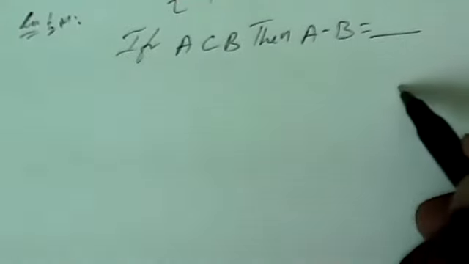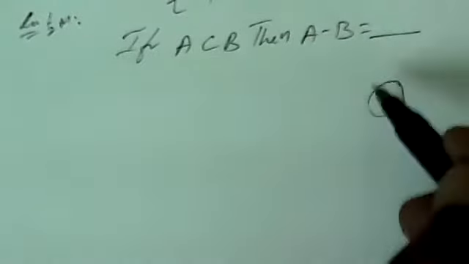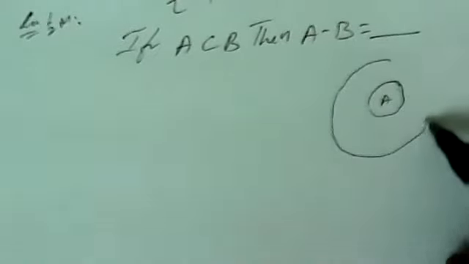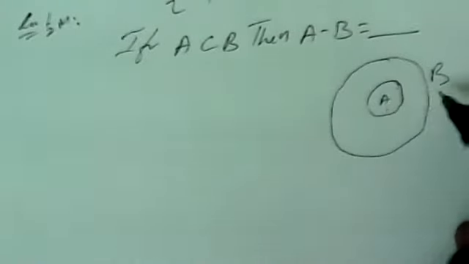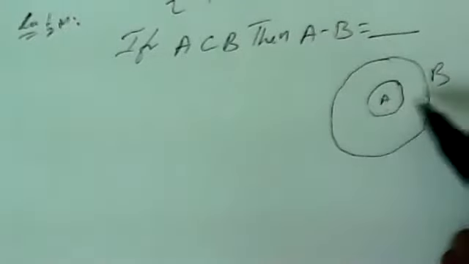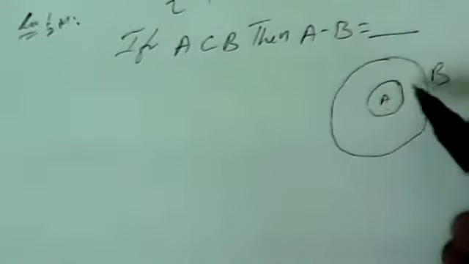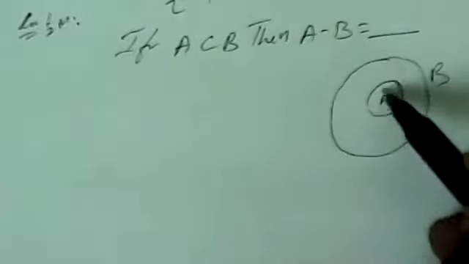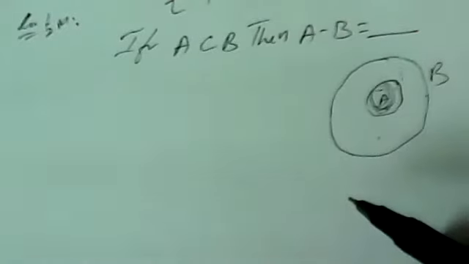So obviously you can see, if A is contained in B, okay, so this is the contained in symbol, A is in B. Then A minus B, what do you get? Take B out of A, and this will go away. So what is left over?